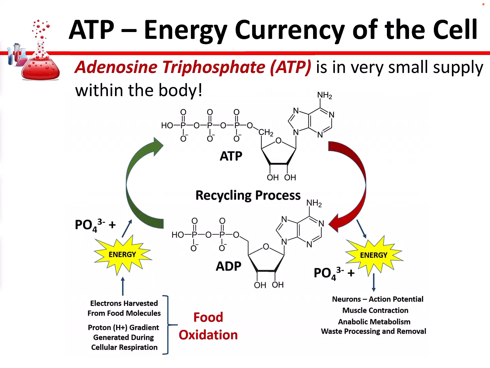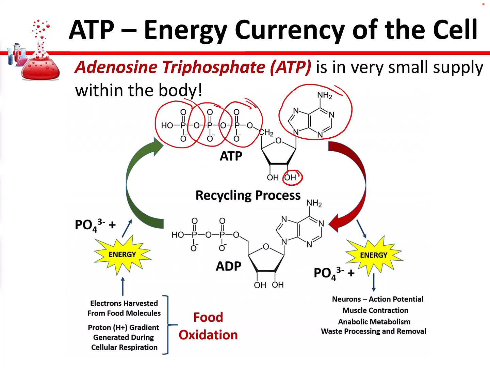All right, so let's take a look at our molecule of ATP. ATP is adenosine triphosphate, and this is a building block of DNA and RNA. This is the RNA ribose, the adenosine base, and it contains the 3 phosphate groups, 1, 2, and 3. So you can see it's the triphosphate.